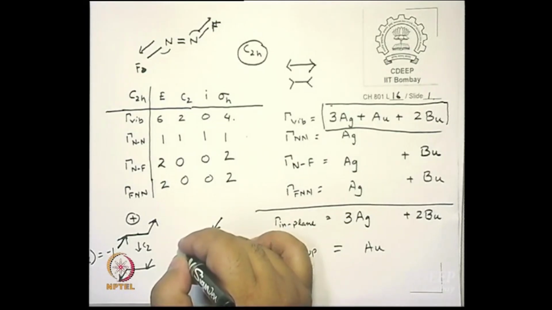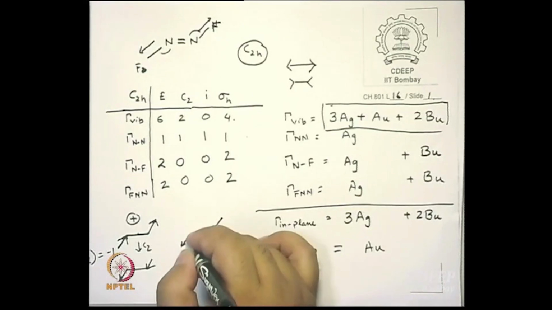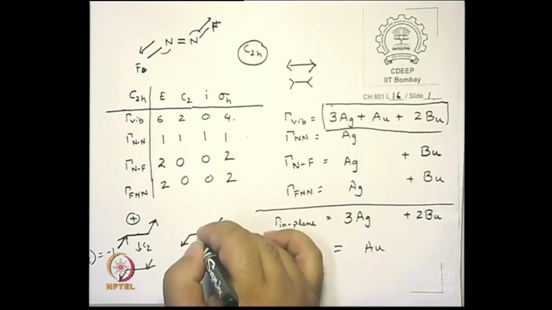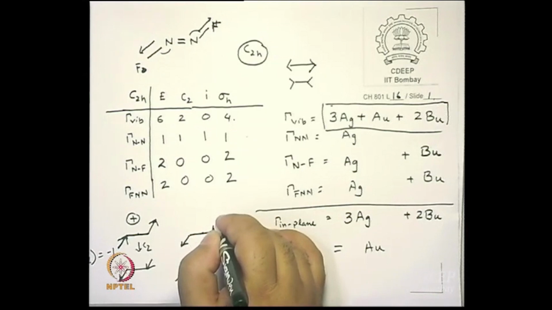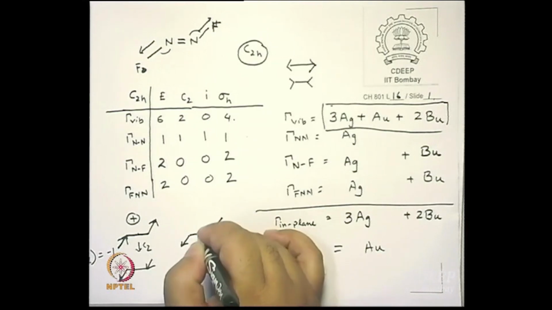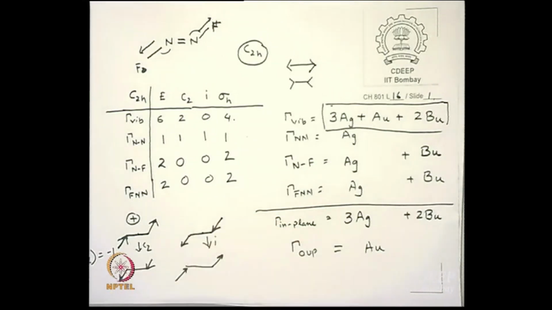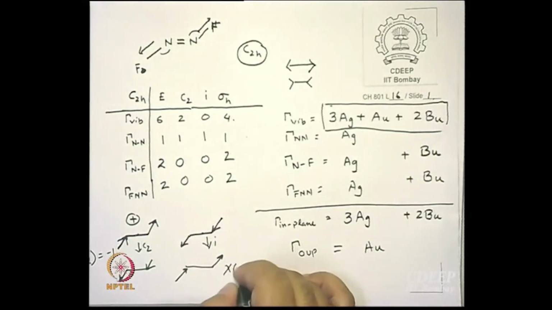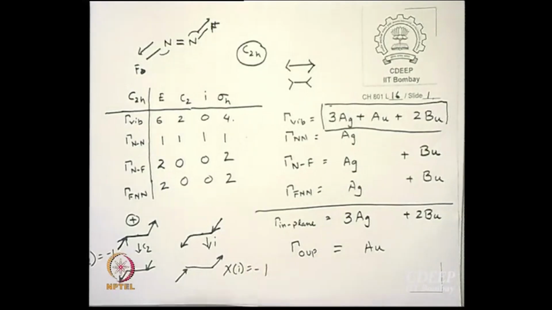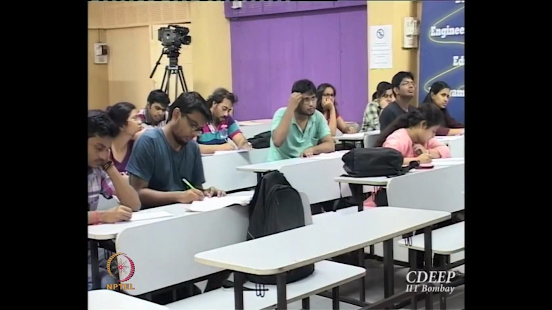That is inversion, isn't it? Start from this arrowhead, go to the center, go here, then the arrowhead should come here. Start from this arrowhead, go to the center, go there, arrowhead should come there. So the character of I is also -1, isn't it? So 1, -1, -1, 1, what is that? That is Bu.